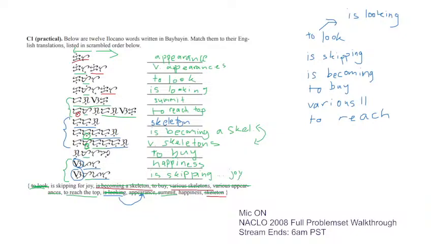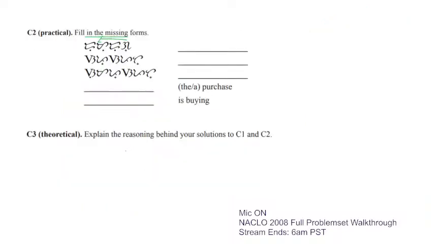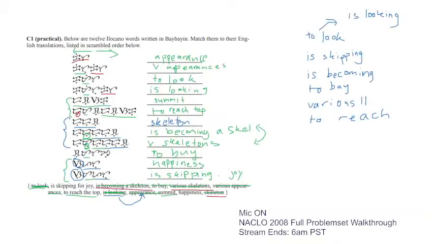Okay. Skeleton is becoming a skeleton. No, this is various skeletons. Skeleton, various skeletons, is becoming a skeleton. This has got the is becoming, but it's not got the skeleton type thing. Okay, let's look at it in the infinitive. So this is in the infinitive form, right?